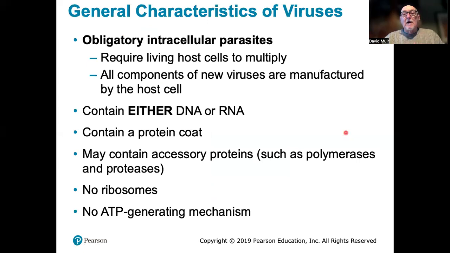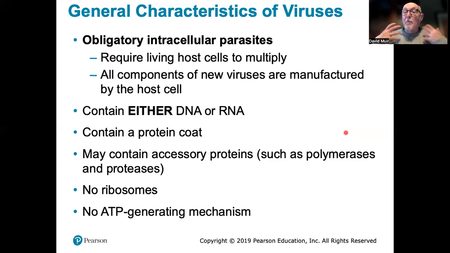So here, let's think about some of the general characteristics of viruses. The first is that the viruses are not alive. They are not living entities, and they are, in fact, obligate intracellular parasites. They have no ability to reproduce on their own. In order to reproduce, they require a living cell, a host cell, in order to multiply.